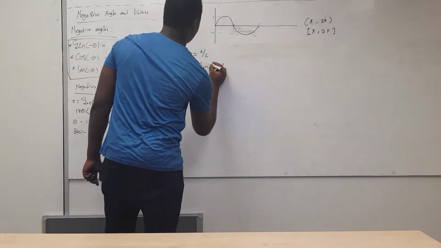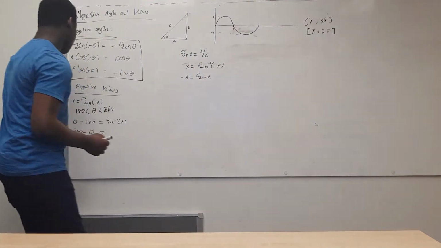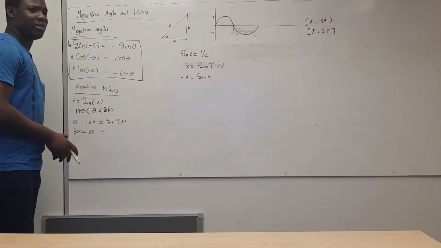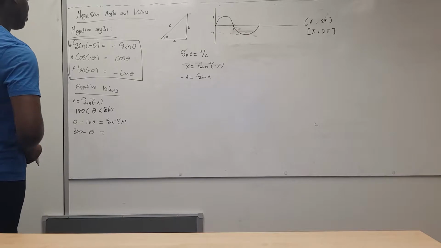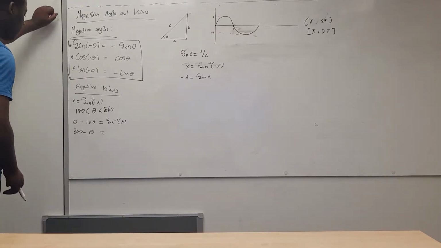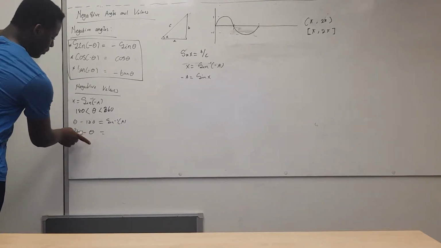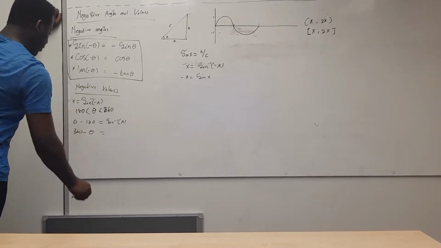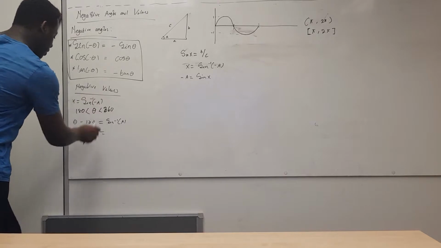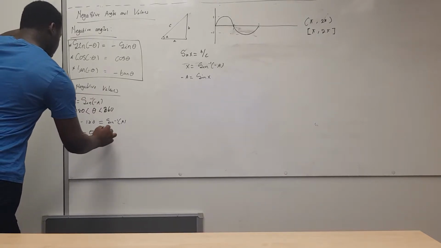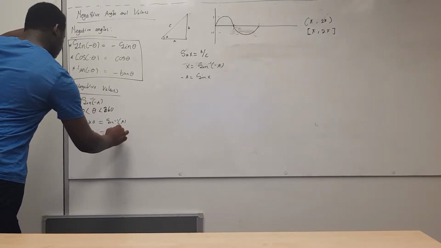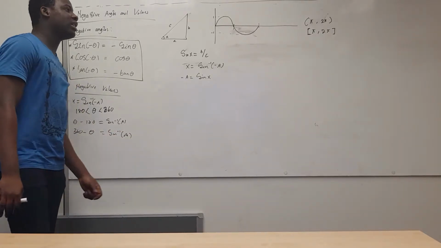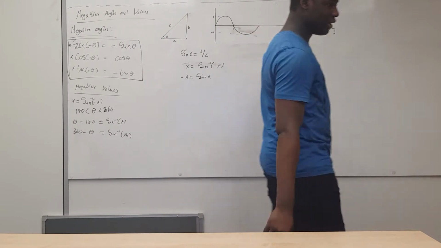So let's get an inverse here. Really sorry about my writing. So 360 minus this, is the sine inverse of the absolute value of the argument. So it's going to be sine inverse of a.